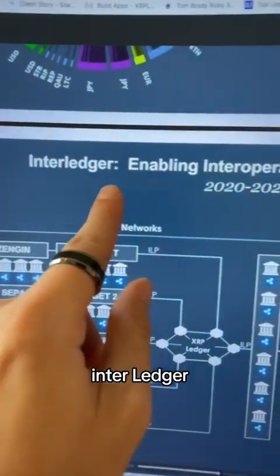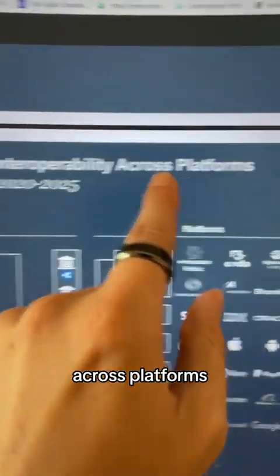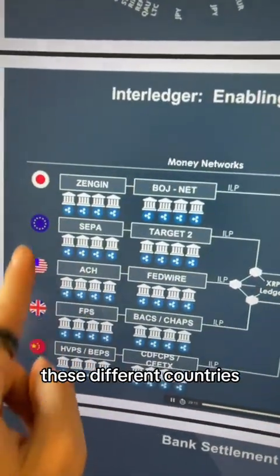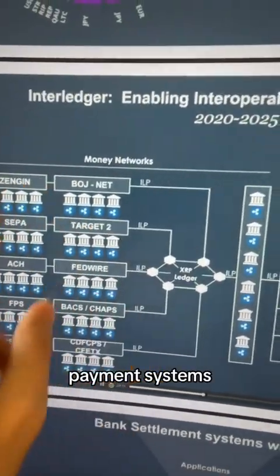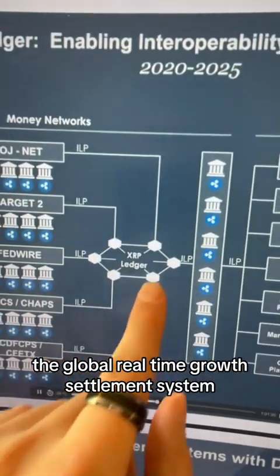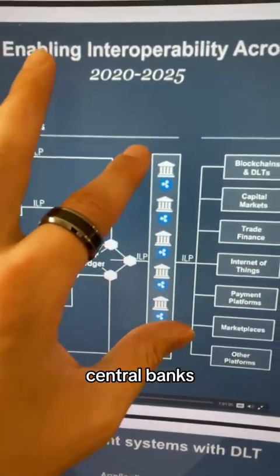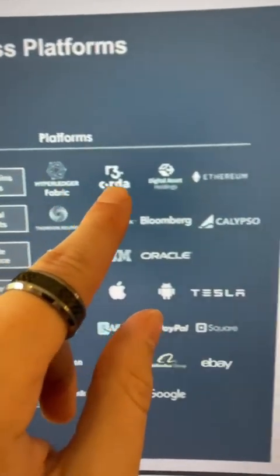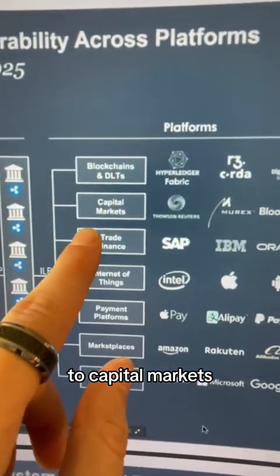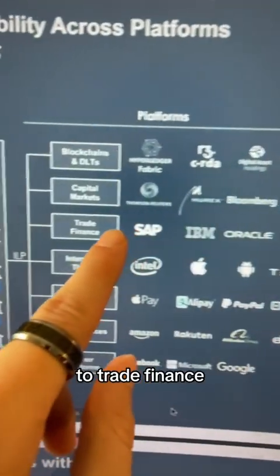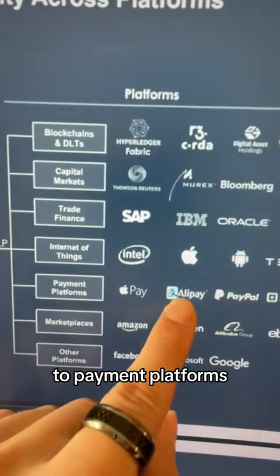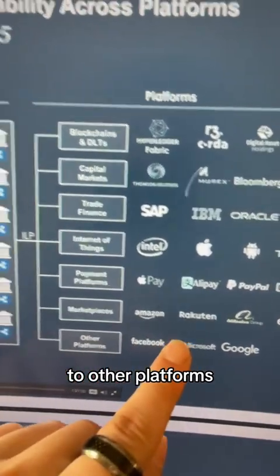Right here, Interledger, enabling interoperability across platforms 2020 to 2025. You have these money networks, these different countries, the different payment systems, the global real-time gross settlement system, central banks connected to blockchains and DLTs, these platforms, to capital markets, to trade finance, to Internet of Things, to payment platforms, to marketplaces, to other platforms.